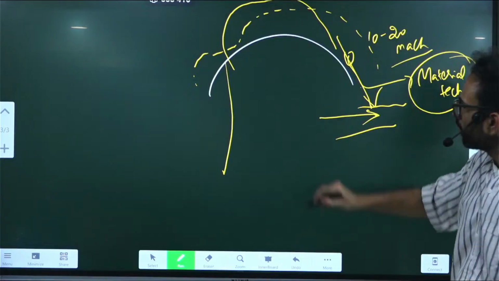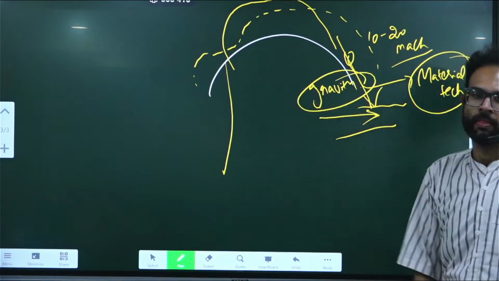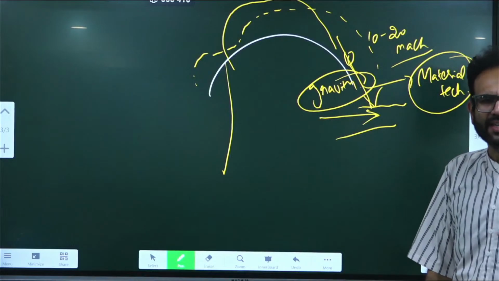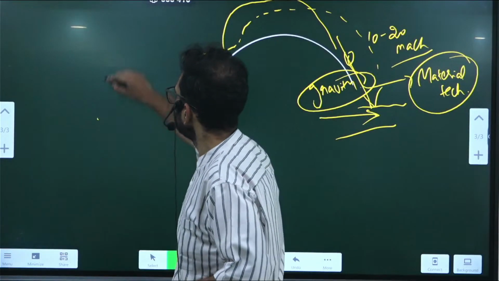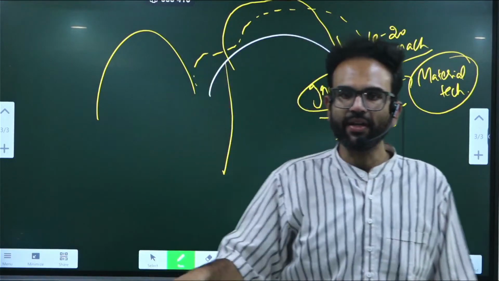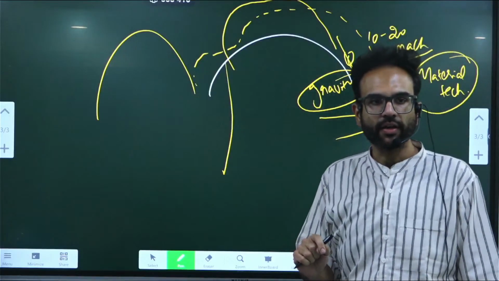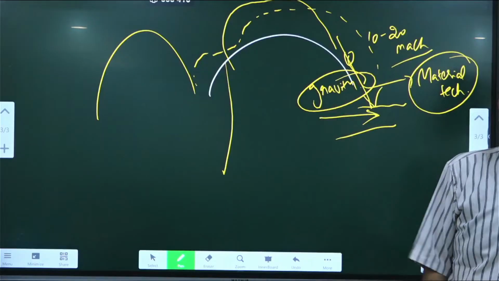What is happening here? Gravity is taking care of everything. This is the classical, traditional intercontinental ballistic missile, which will depend on the law of physics. Gravity will create that trajectory. Once it is pushed, you literally have no control.